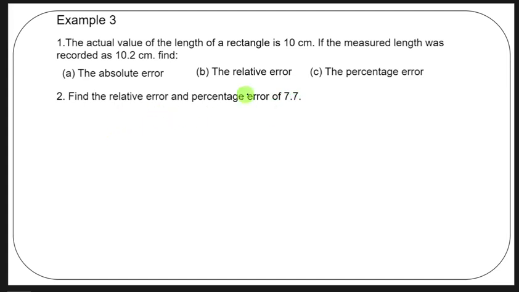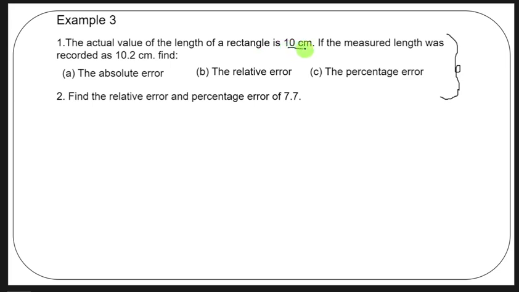Now solutions. Before we do solutions, I have deliberately put two different types of questions, but asking to solve almost the same thing in a different way. The first one deals with a person doing the actual measurement, trying to measure the length of the triangle.